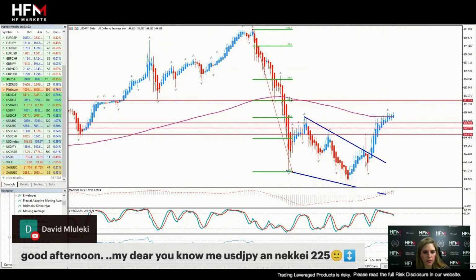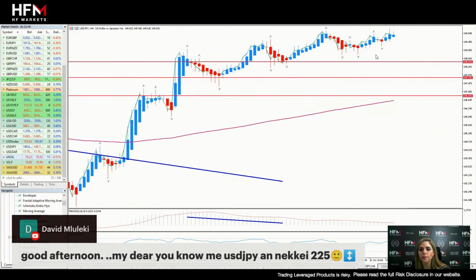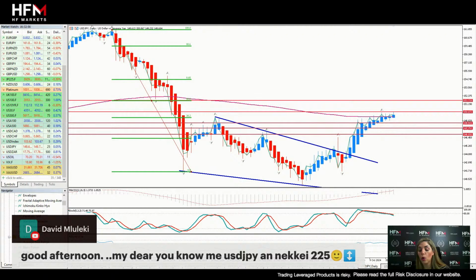Double fractals, 50% Fibonacci level. So it's a very, very strong resistance level. But as long as we don't see the asset extending and confirming a closure above 149.40, right? Actually 149.50 to be more precise, daily closure above it, okay? We don't have anything confirmed yet.